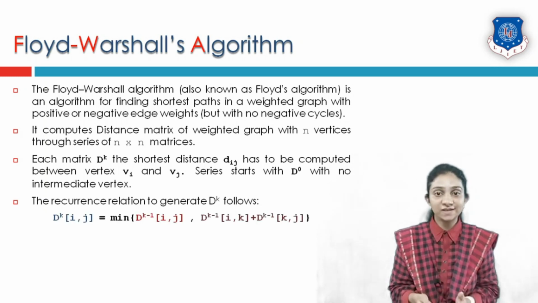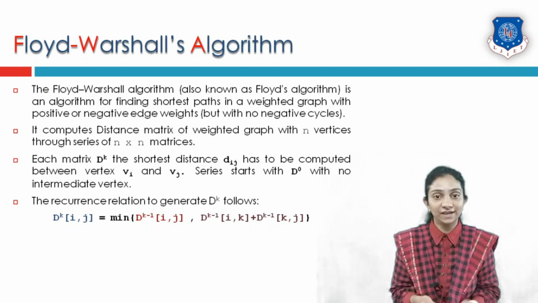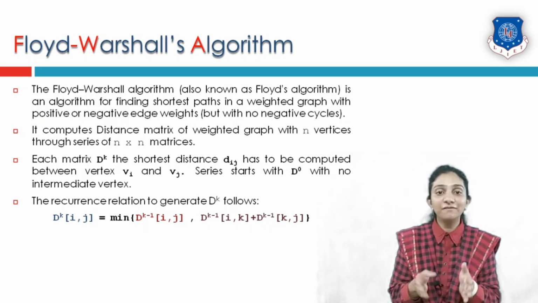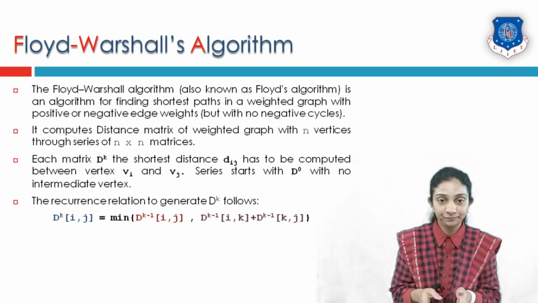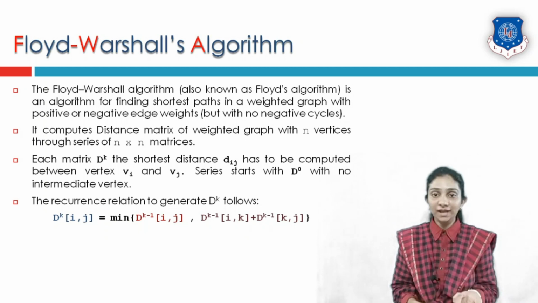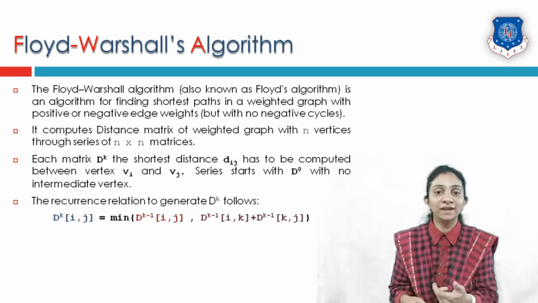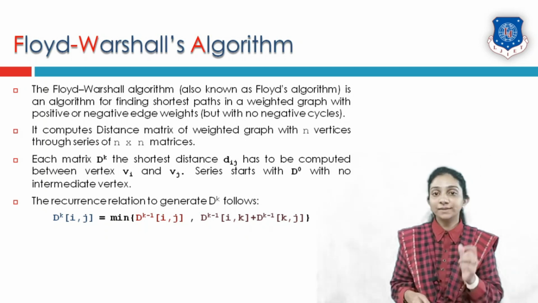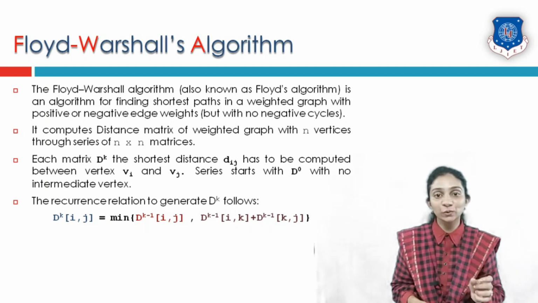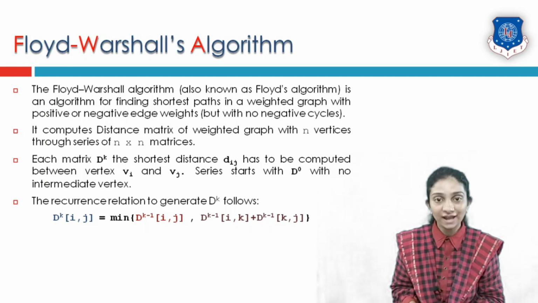At any stage, if matrix Dk is being generated, we have to choose a cell value for ij, that is, for row i and column j. The cell value will be the minimum of D of k minus 1, i comma j. That is, from the previous distance matrix, I can choose the previous cell value.